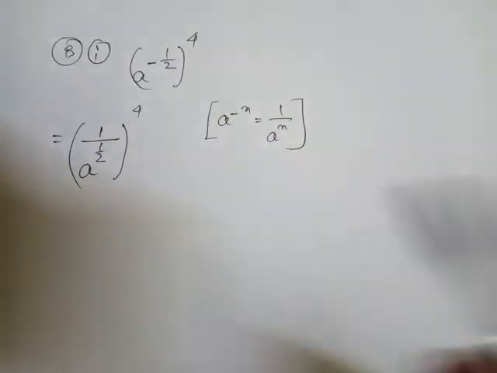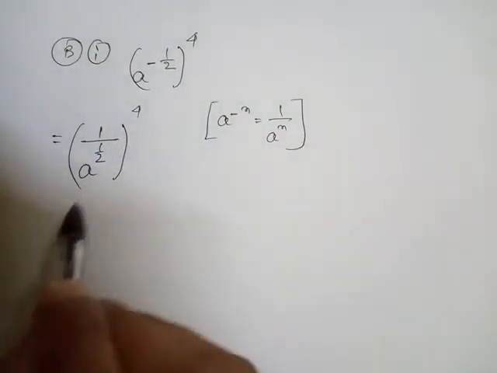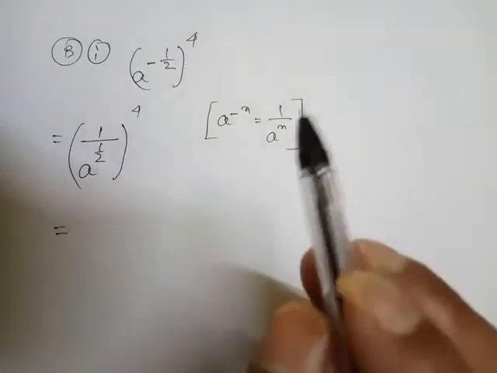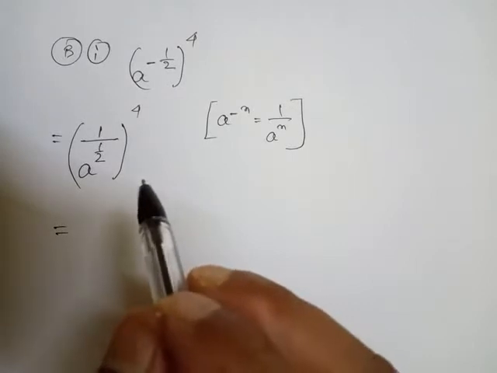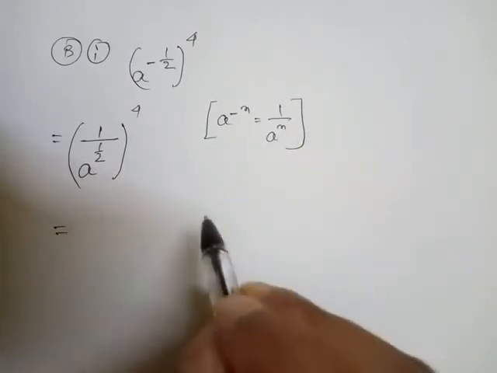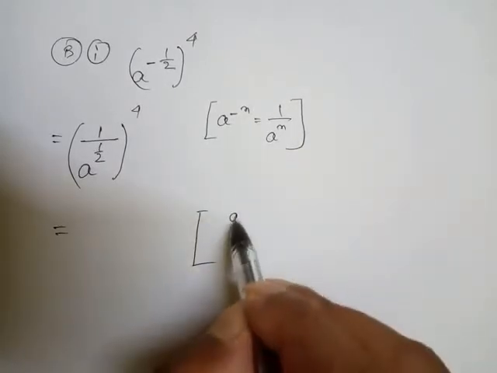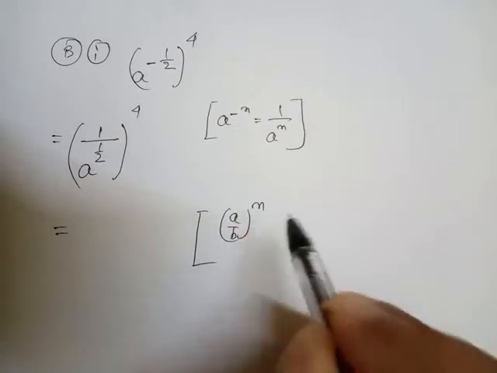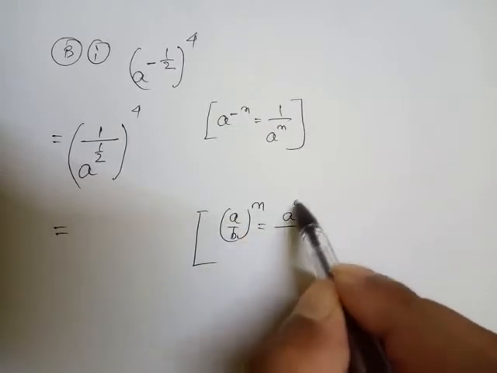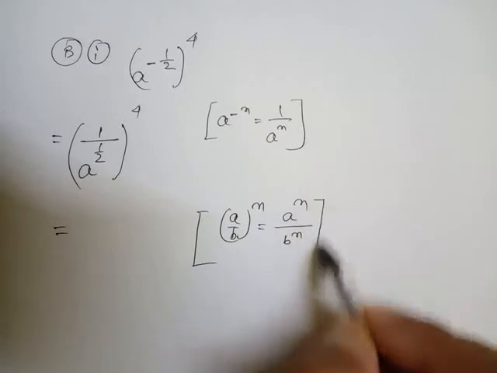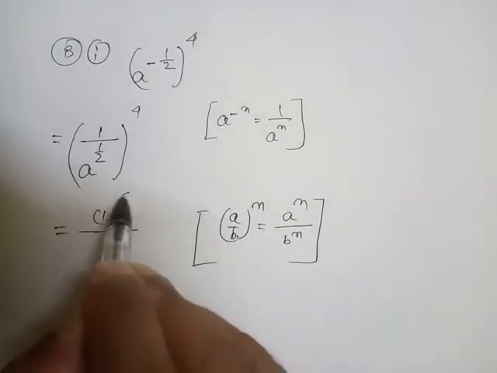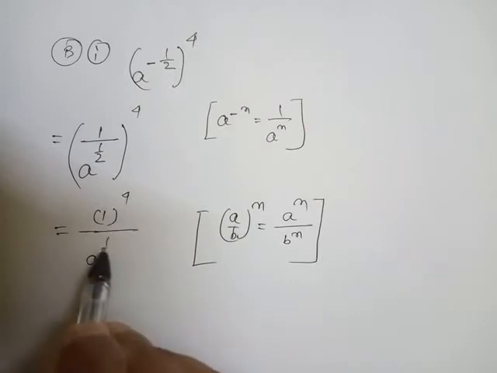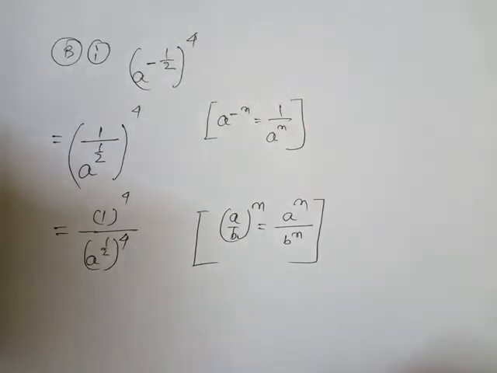Now I am going to use the formula a by b whole to the power n, which can be written as a to the power n by b to the power n. Using that formula here, we get 1 to the power 4 by a to the power half whole to the power 4.